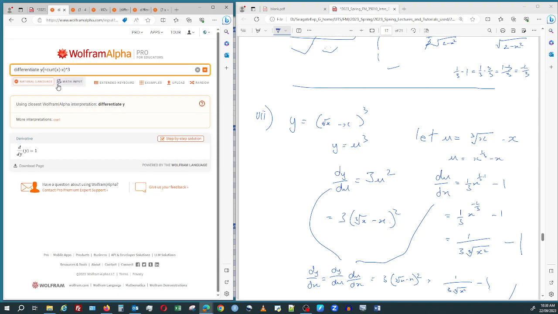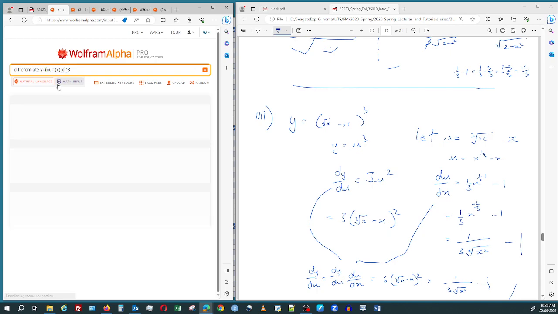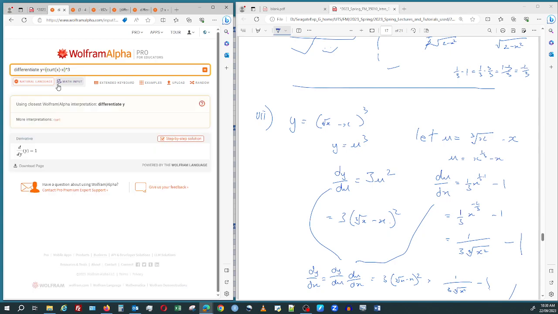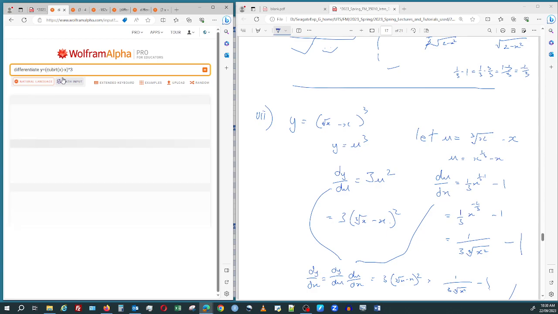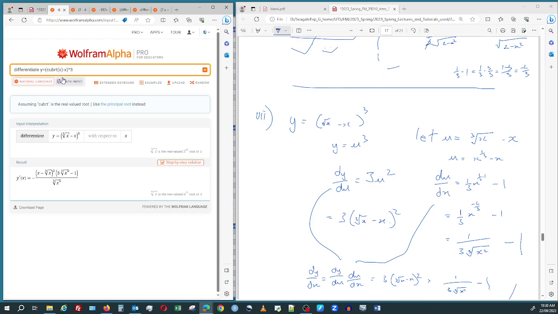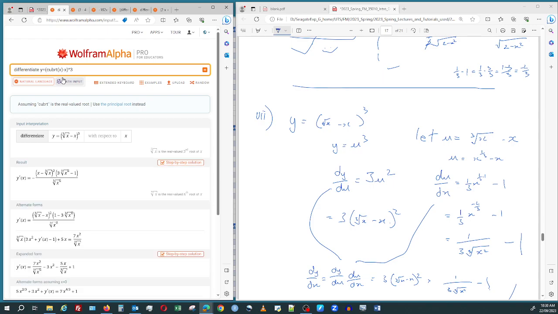Oh, and the other thing I've done is I've put this in, which probably needs that. Still doesn't like the cube root. There you go. Cube root.